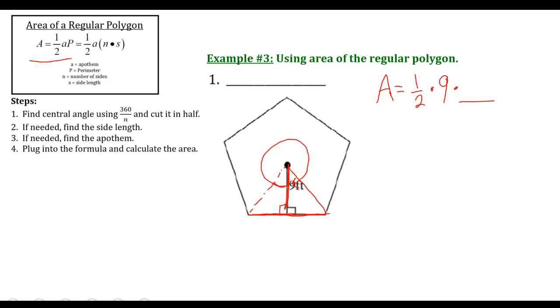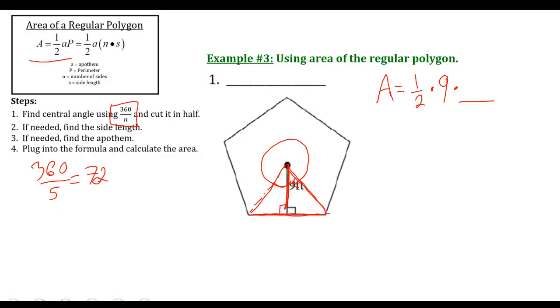A pentagon is separated into 5 different parts, so using this first step, we divide 360 by the number of sides. 360 divided by 5 gets you 72. This will be important later.